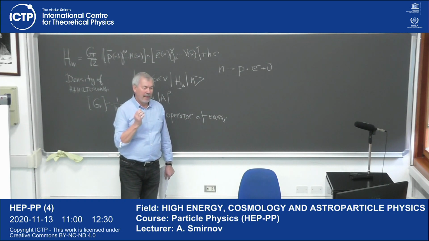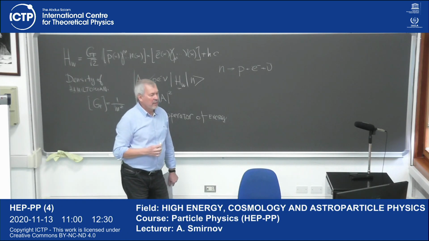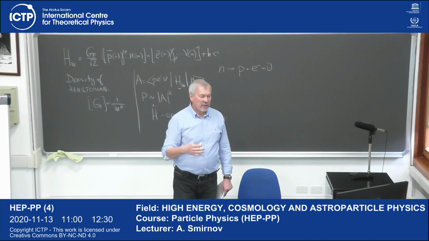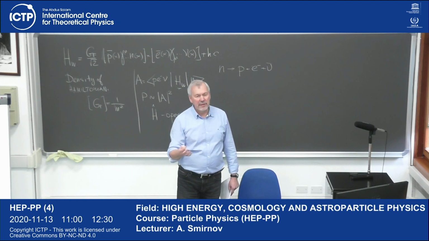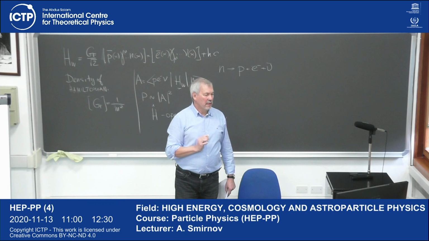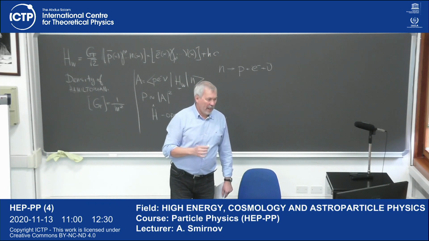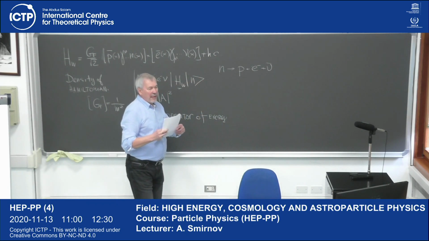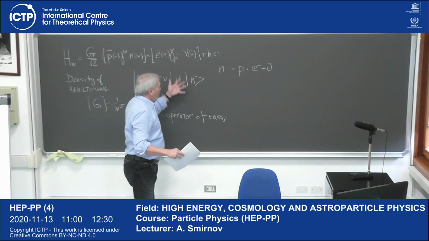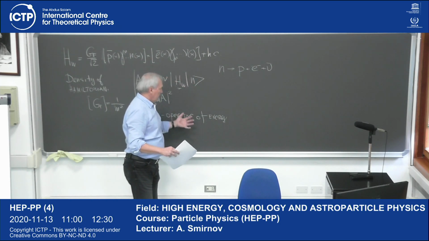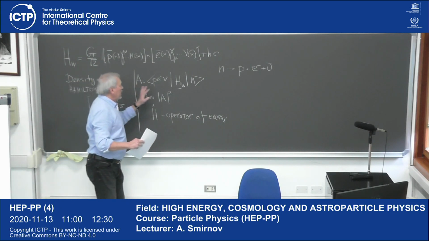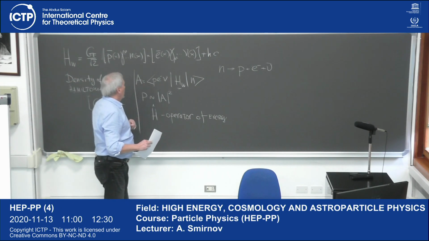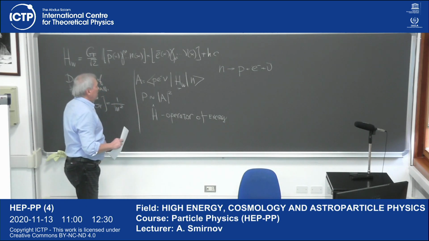So we are writing an equation, or if you want, the Schrödinger equation. And in the Schrödinger equation, on the right-hand side you have a Hamiltonian, right? And then you integrate this equation, and you get the evolution of your system. This is also generalized to the case of quantum field theory. So once we know the Hamiltonian, we can compute the amplitudes and the probabilities.